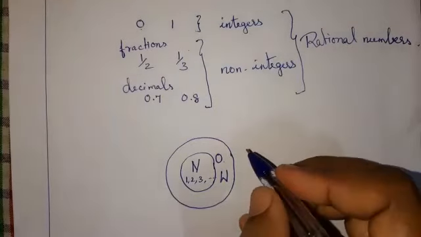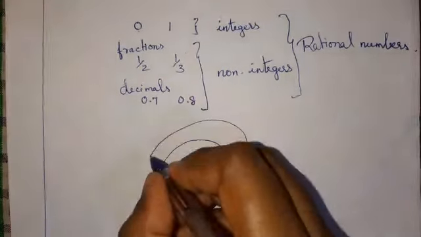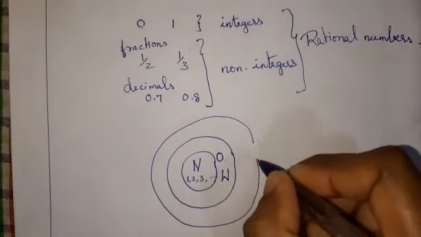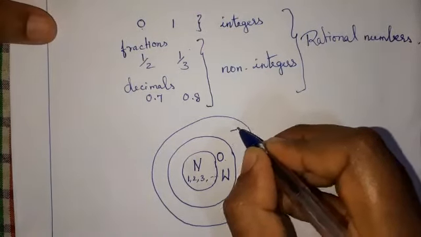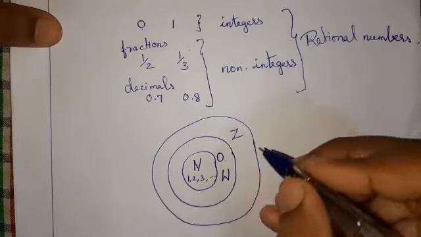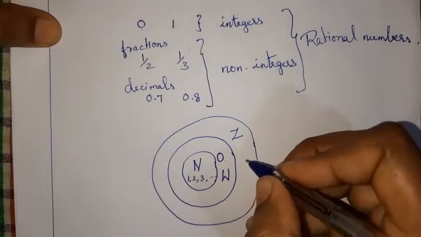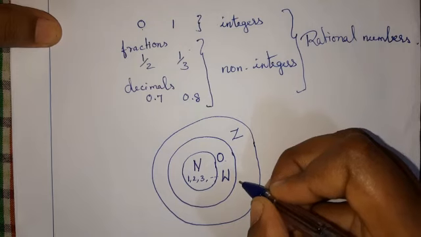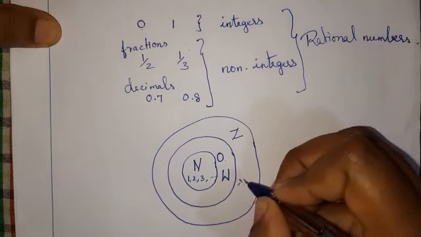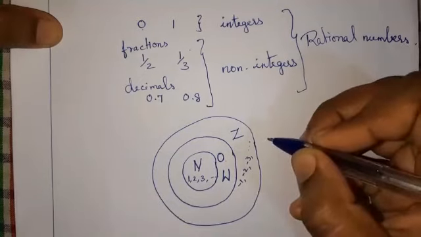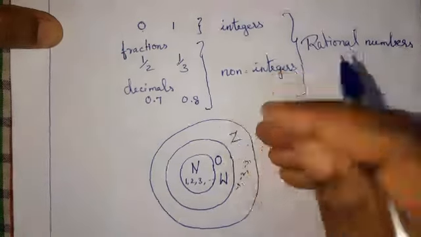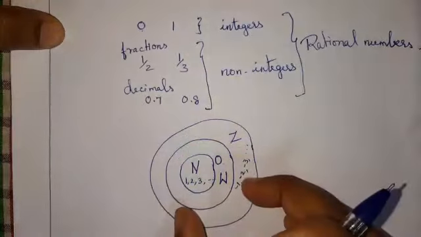Now you can draw a circle around it, that is integers, denoted by capital Z, that includes the negative numbers, -1, -2, -3, etc.